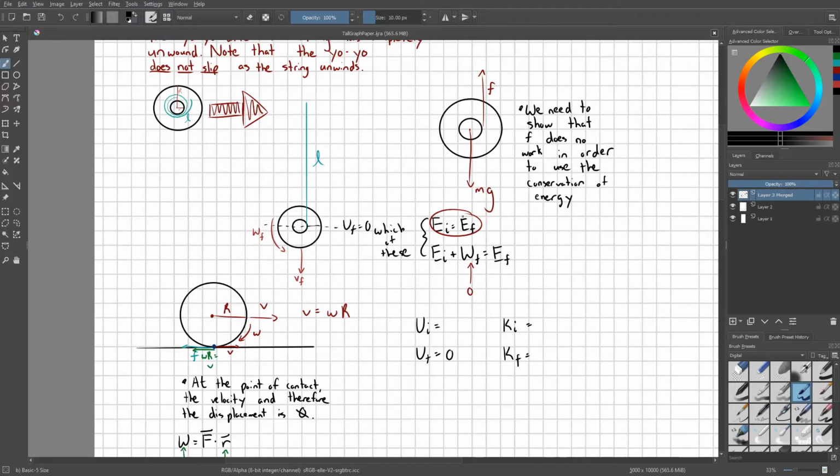So if that's our zero point, then our initial potential energy would be mgL, right? Because you haven't let go of the string at all. We are a height L above this final point where our potential energy is zero.